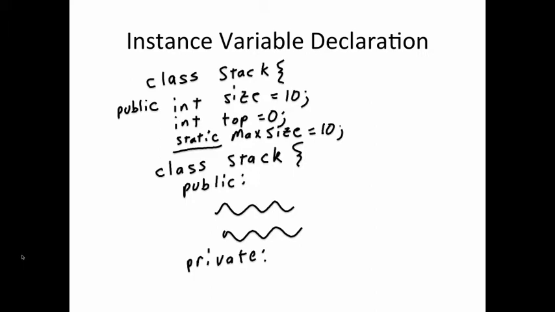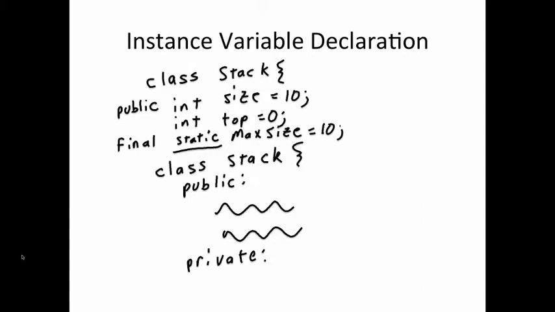And then if we wanted to make it a constant, the way you do that in Java is you use the final keyword. And you can do that with either an instance variable or with a class variable, though obviously if it's a constant, you probably want to make it be a class variable.